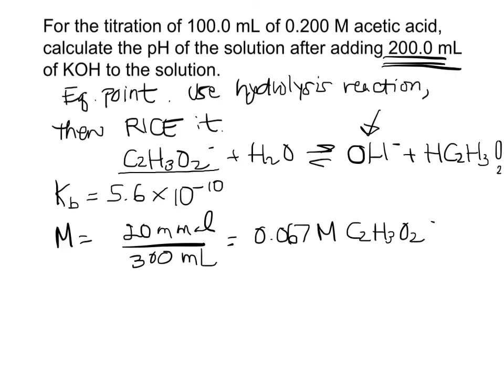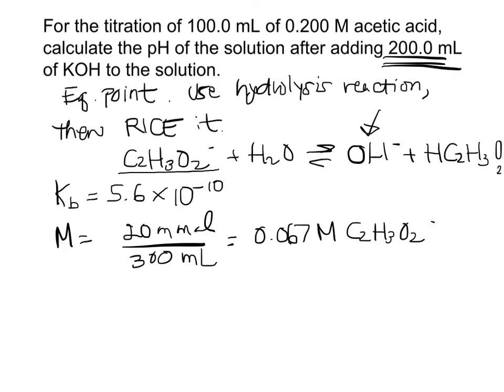I think the rest of it, we could erase it, and then we can find out the OH concentration. But you guys know how to do RICE tables well enough, so I'm going to just go right into the problem.